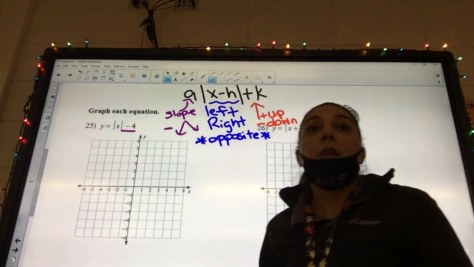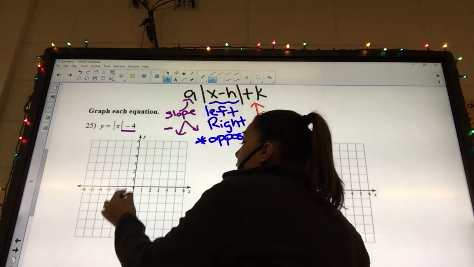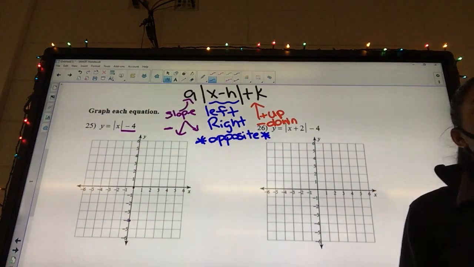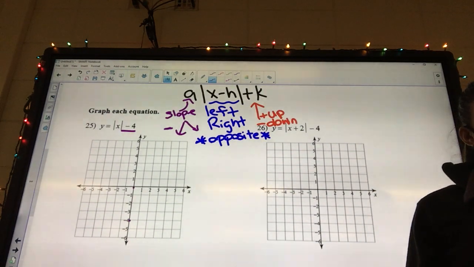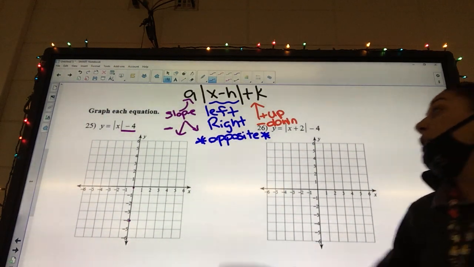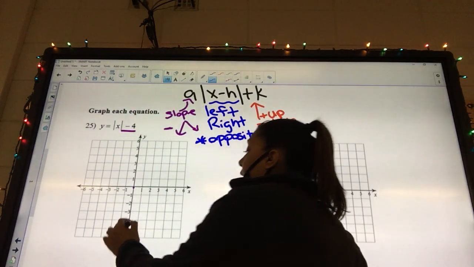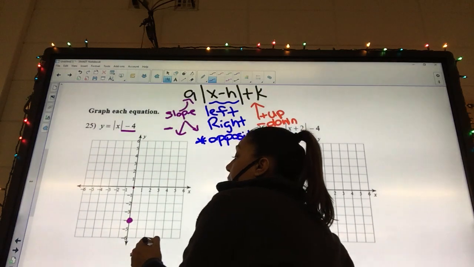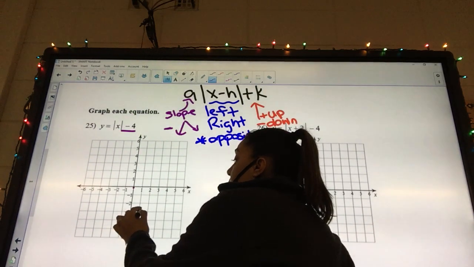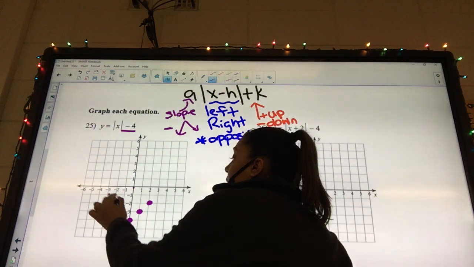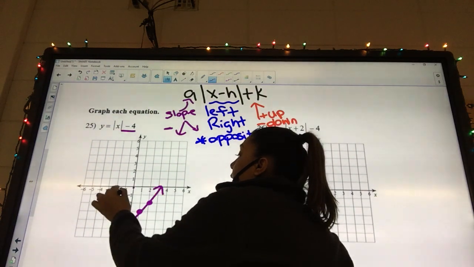How much do we go left or right? None, since there's nothing inside. So my graph starts here, opens up, with a slope of 1. Your graph should look like this.